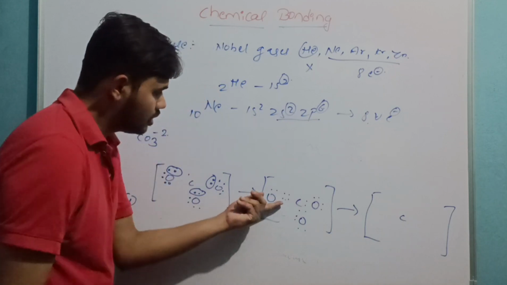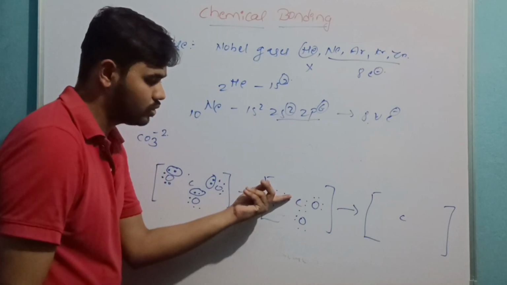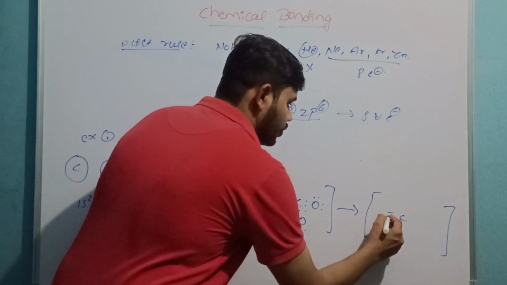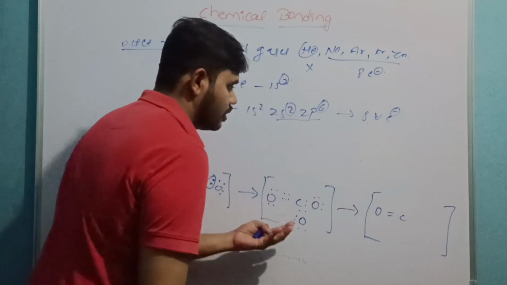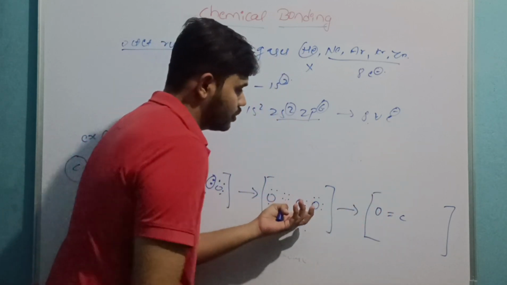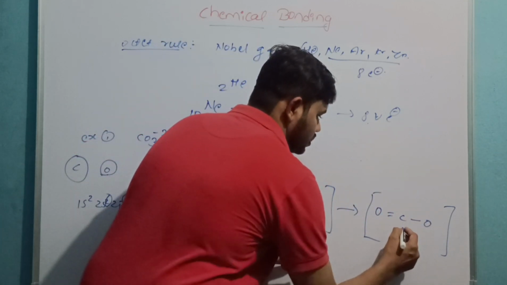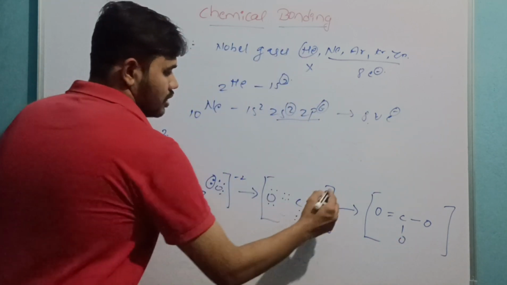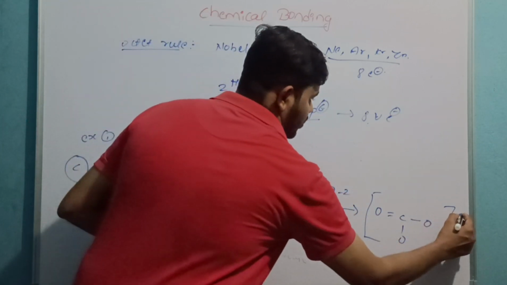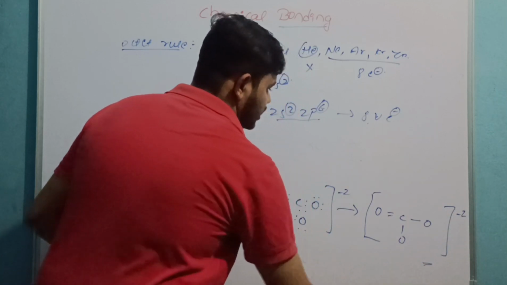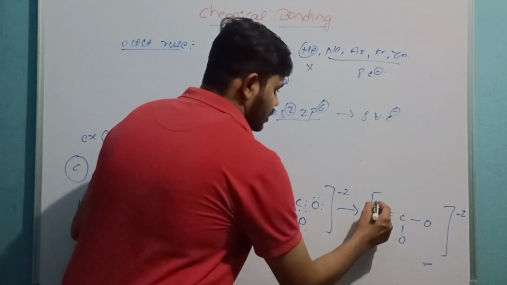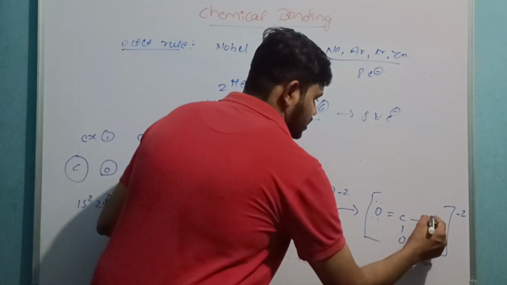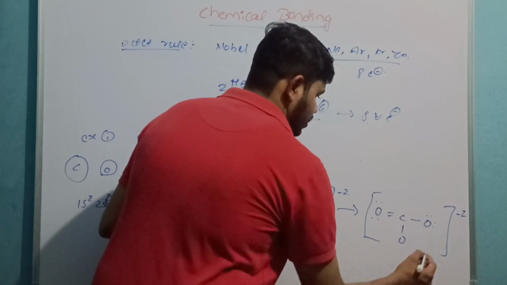One bond is equal to 2 electrons, so 2 bonds are 4 electrons. The charge present on the compound should be written outside the brackets. In this form we represent the Lewis representation for a molecule.